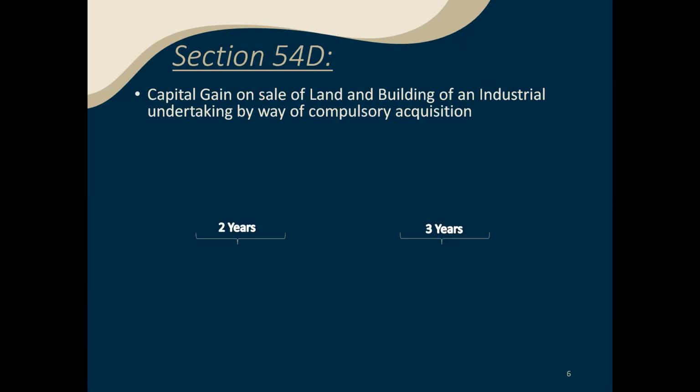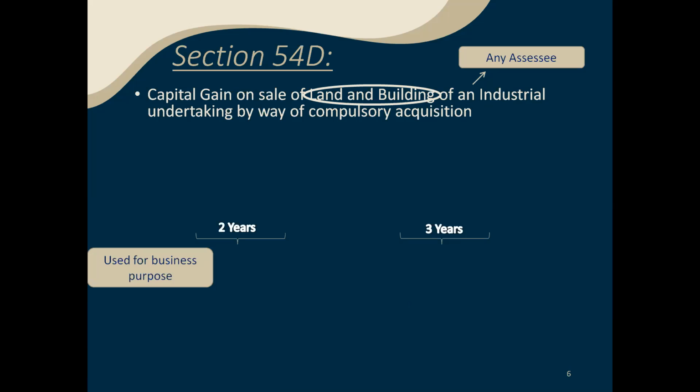Next is 54D. Capital gains on sale of land and building of an industrial undertaking by way of compulsory acquisition. So 54D has a difference from the other two sections. It is applicable to any type of assessee. However, the similarity between 54B and 54D is that 2 years before the sale, it should have been used for the purpose it is intended for. That is, for 54B, it should be used for agricultural purpose.